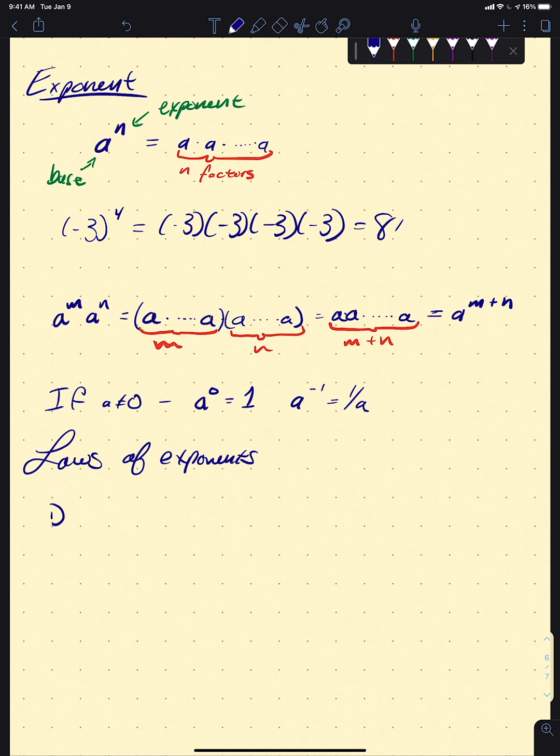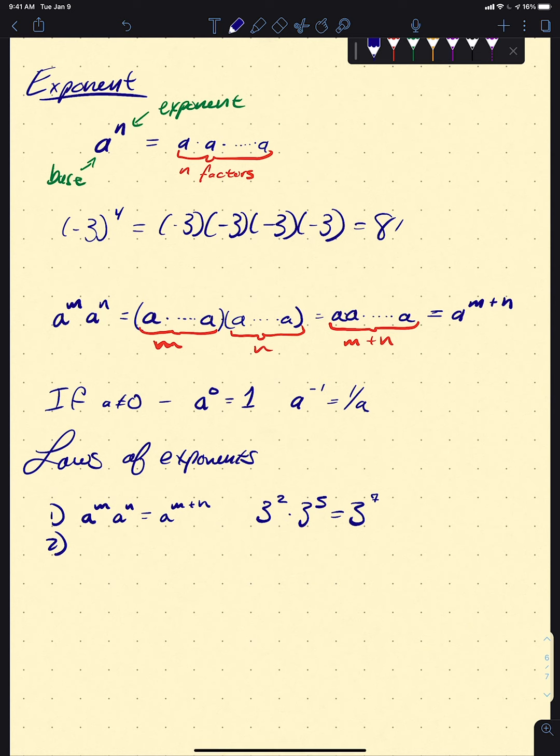Number 1, we've already written it. We have a to the m, a to the n is a to the m plus n. An example of this: you might say that 3 squared times 3 to the 5th is 3 to the 7th.